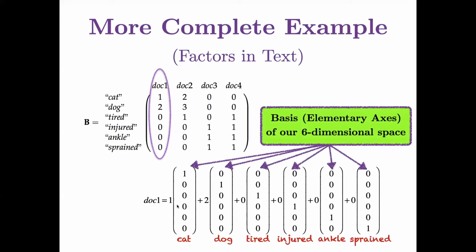Okay, and so this coordinate representation tells us that in order to reach document 1 in space, I would go 1 unit along the direction of cat and 2 units along the direction of dog. Those terms form the basis of our 6-dimensional space, that elementary basis.